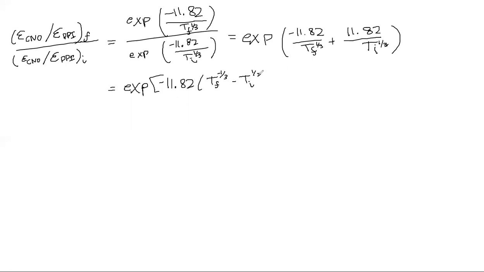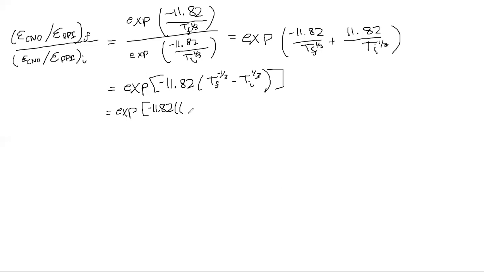Just going to simplify. Right, so we already said earlier that the core temperature of the sun today is 15 million Kelvin.